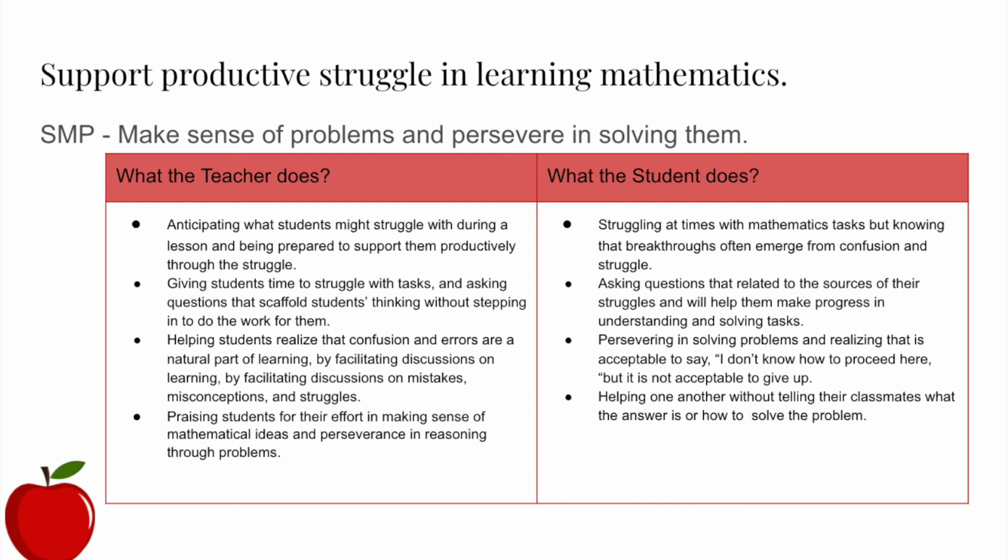I want to make sure that they are still getting the understanding, and I want to make sure that we are helping students realize that confusion and errors are just a natural part of working through this, that mistakes make mathematics, that they understand that it's okay to make a mistake.